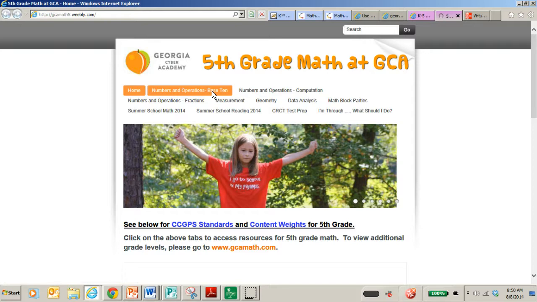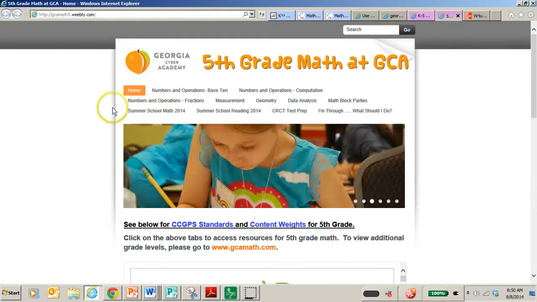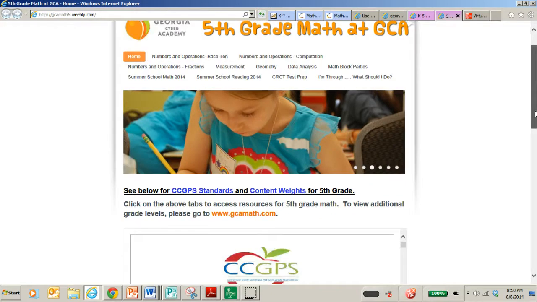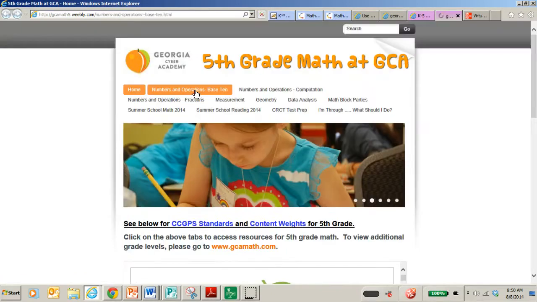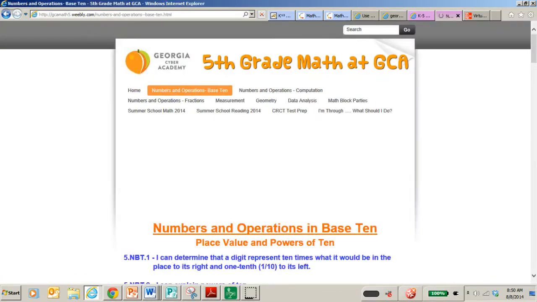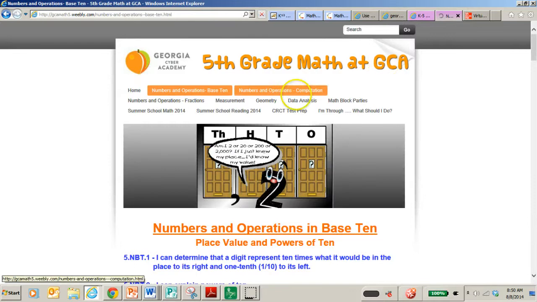This is where a lot of these resources are going to be combined and all in one spot for you. So when you go to numbers and operations in base 10, you're going to see the standard, and you can see that it talks about the place to the right and 1/10 to the left. And then there's going to be links to games and tons of resources for you.